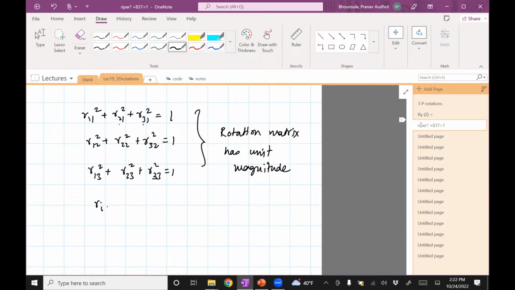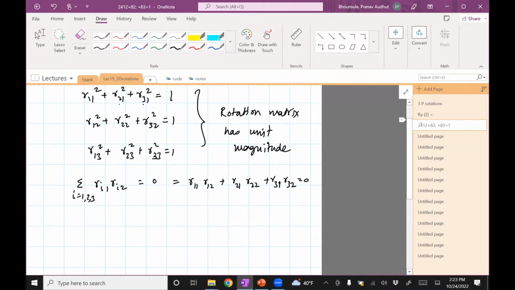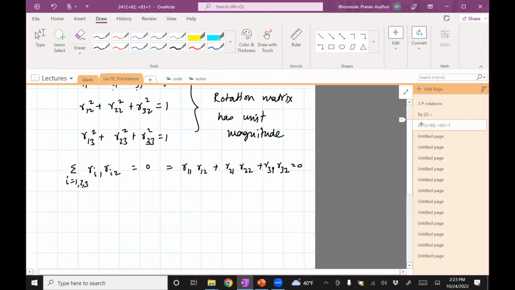So you can write it as RI1, RI2, where we sum over I equals 1, 2, 3, which means that if you do this, you'll get R11 R12 plus R21 R22 plus R31 R32, and then similar expressions for the other two columns.